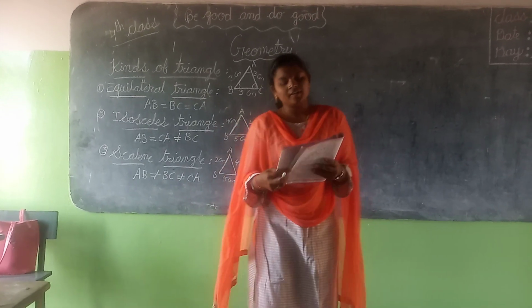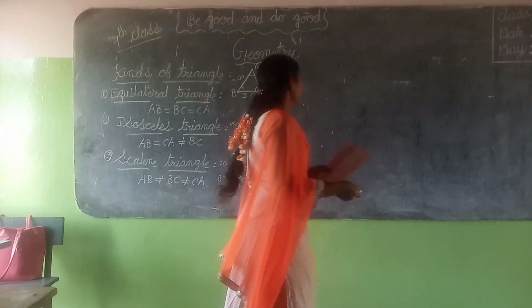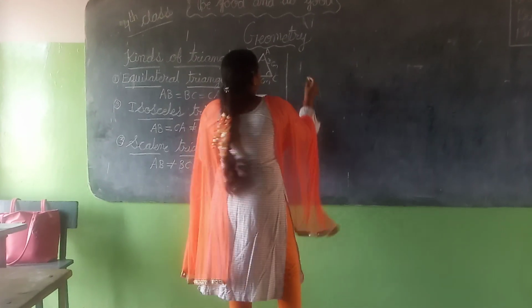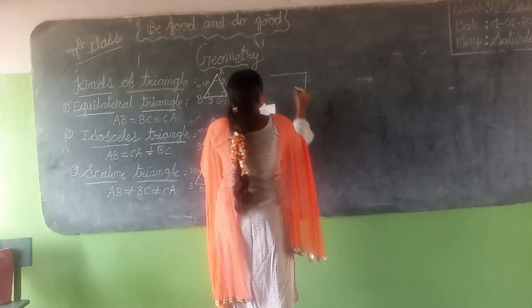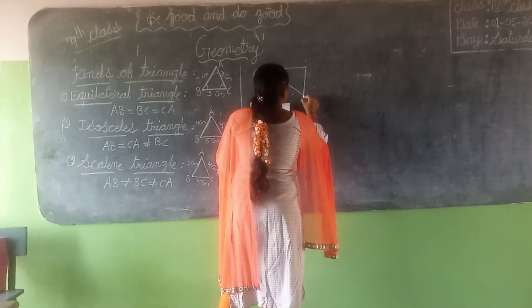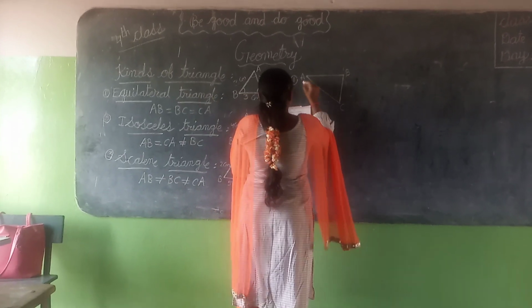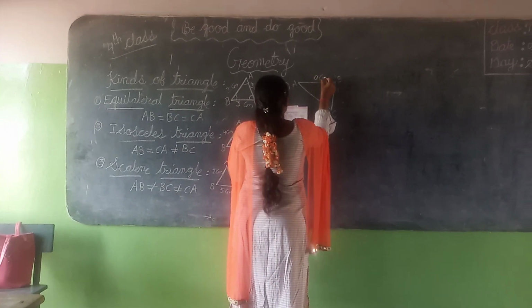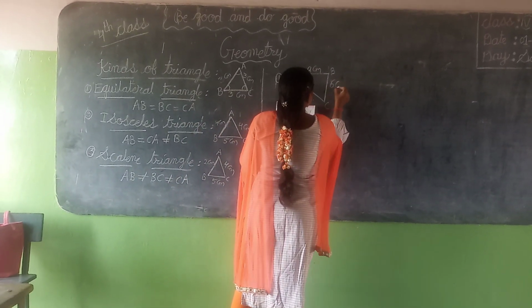Classify the following triangles as equilateral, isosceles or scalene. For the first triangle, we draw A, B and C. This side is 9 centimeters, this side is 11 centimeters, this side is 6 centimeters.